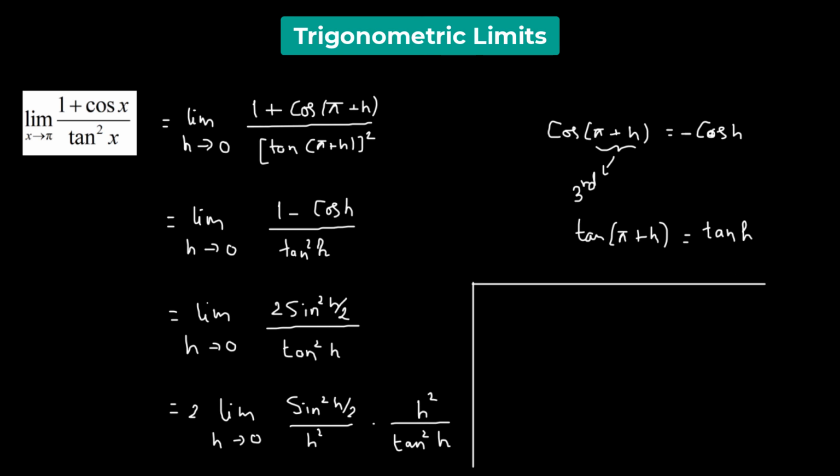So what we also have to do is divide by h squared by 4 in the denominator. That means multiplying by 1 over 4.